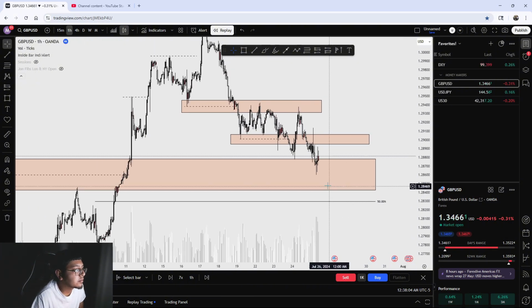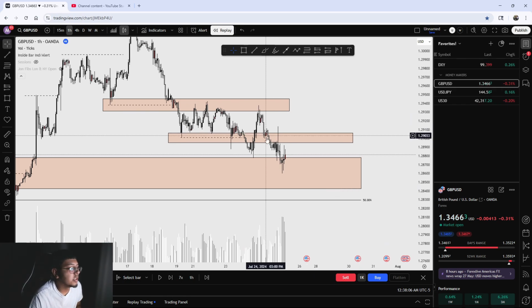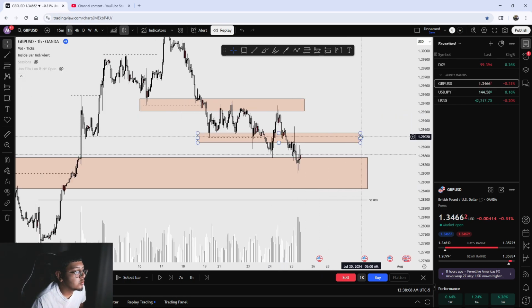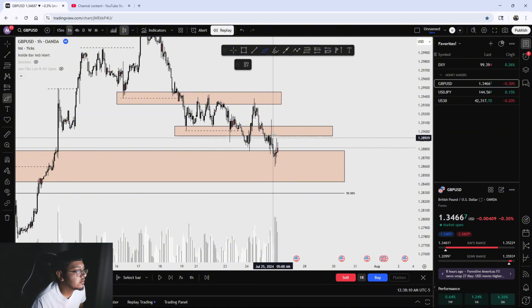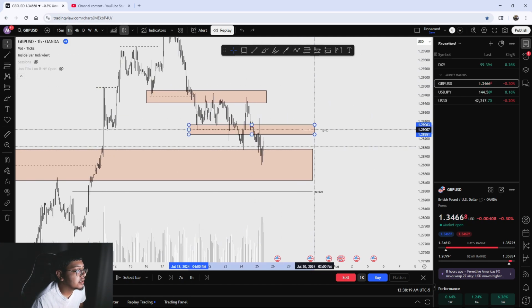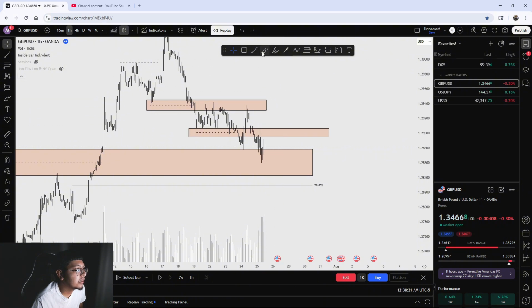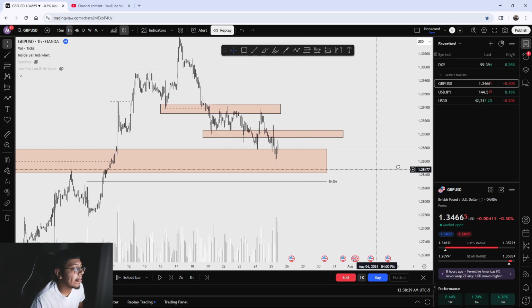It's 11 a.m. So we get a rejection off the zone from this candle push down. And for me to validate this as a buy, I want to see price push above this structure to continue higher, right?